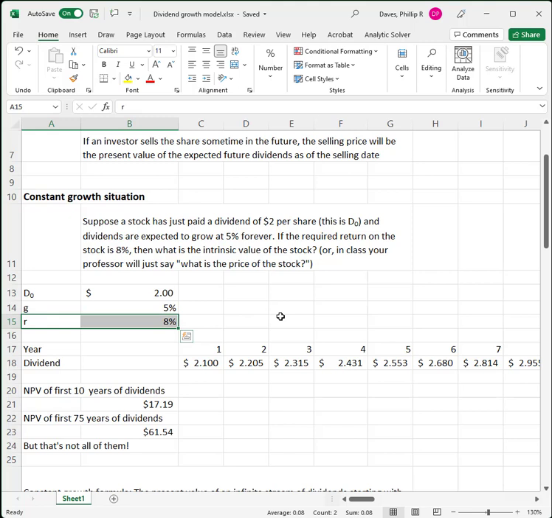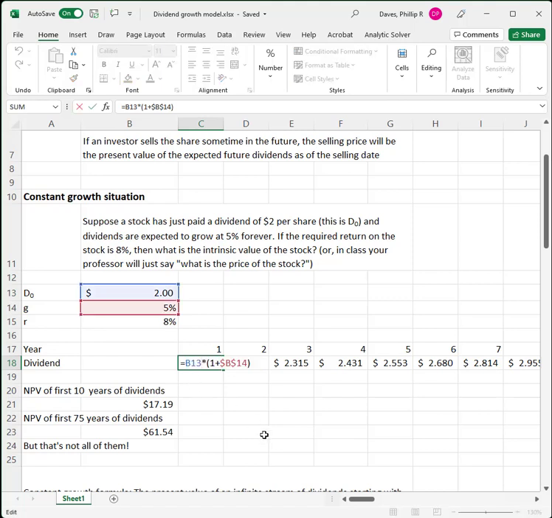So here's what your cash flows would look like if you were to buy the stock at whatever price it is that you would pay for it. You would not get the $2. That's already happened. You're not going to get that if you buy the stock now. You will get the $2.10, which is the $2 multiplied by 1 plus the growth rate. So $2.10 is 5% more than $2.